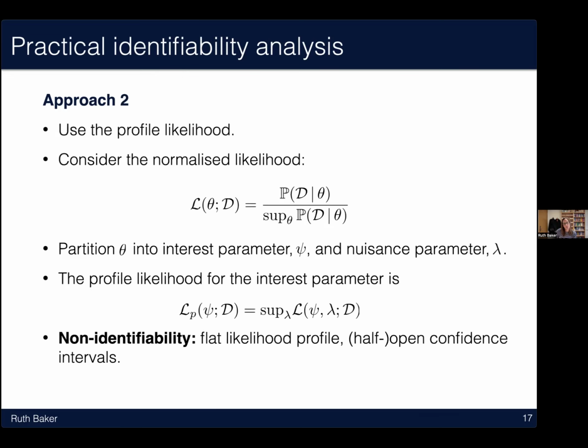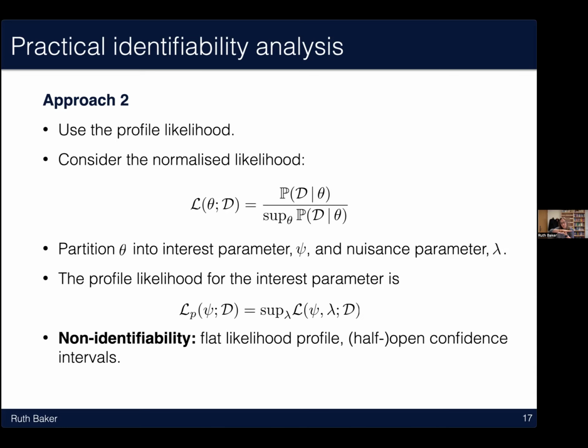But the other thing you can do is to use the method of profile likelihoods. Effectively, this looks at the normalized likelihood of the data given the model parameters. The idea is that within your likelihood, you separate your parameters into a parameter that you're interested in studying the identifiability of, and the rest of your parameters, which you call nuisance parameters.